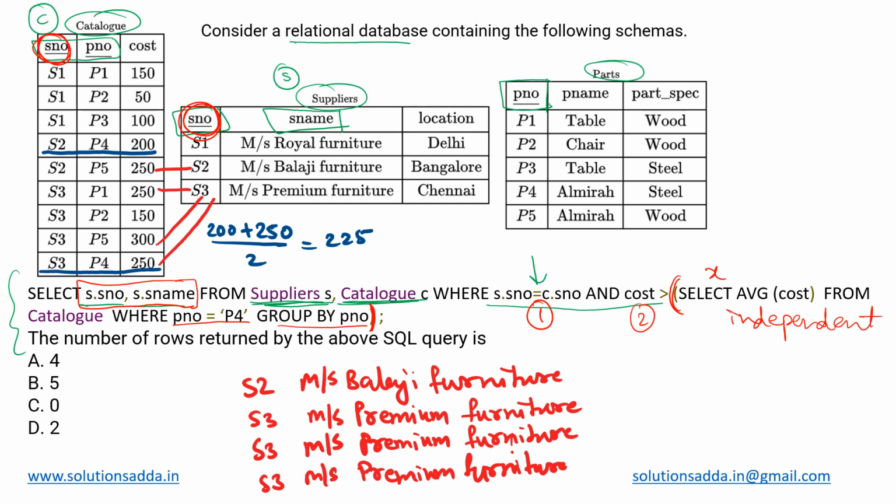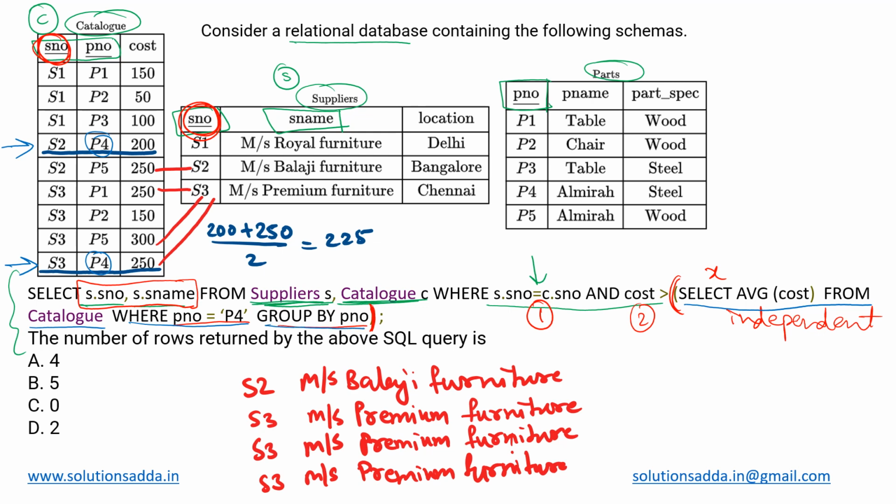First, let us evaluate the subquery and let us see what is the result that we get. It is saying that select average cost from catalog where P number equal to P4. So as we can see in this catalog table, there are only two tuples in which P number equal to P4. These two marked in blue. These two tuples are having P number as P4. So only these two tuples we will be considering. So for these two tuples, we have to find out what is the average cost and group by P number.